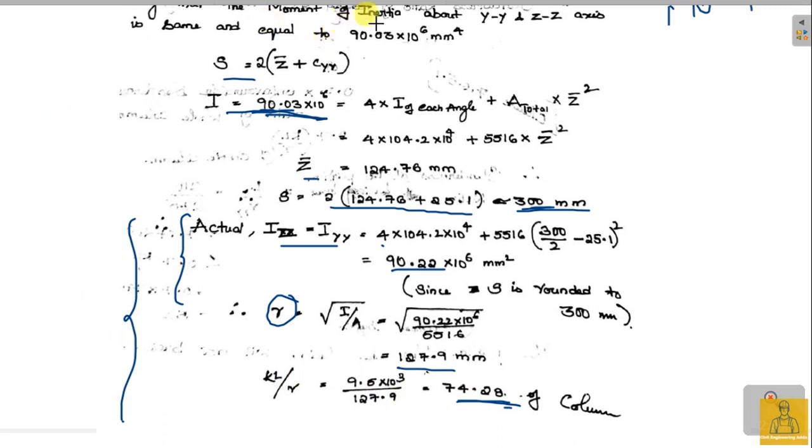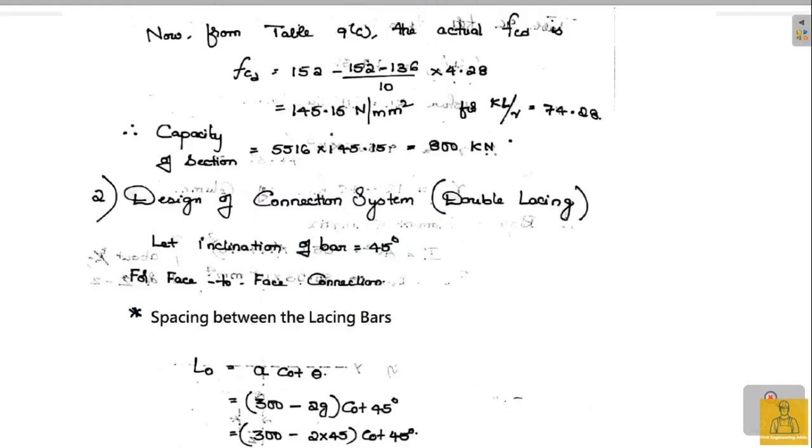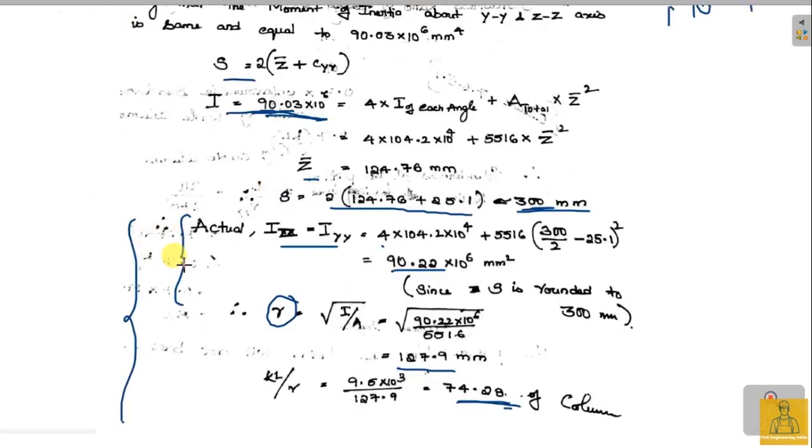So now we found out in this first step what angle section you need to use based on the area, and next you found out what the spacing between the two channel sections should be, isn't it right? And you also tried to find out the revised moment of inertia, the revised radius of gyration and slenderness ratio.